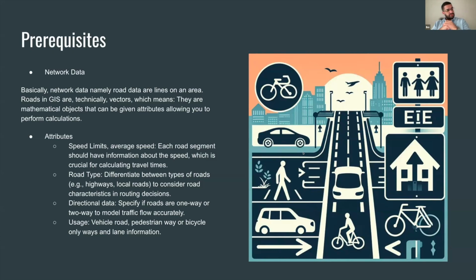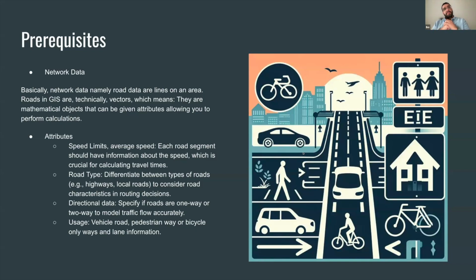What is cost? Cost is going from one place to the other. It can be monetary cost. It can be time. It can be what you consume on the road as fuel. Anyway, you define your cost. And speed limit is very important here because each road segment should have a speed limit.